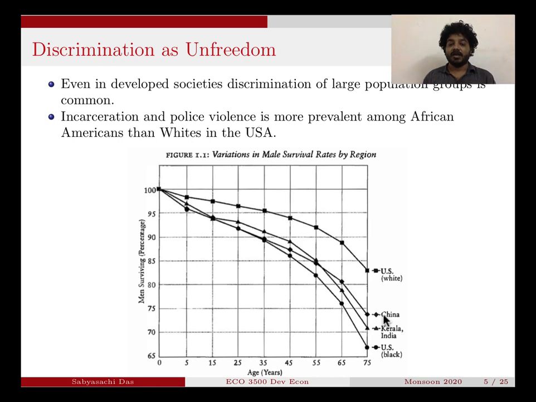And similarly, we can think about caste discrimination in the context of India as a kind of unfreedom. And again, I remind you to keep in mind that we are talking about the kind of unfreedom that is hard to overcome just by becoming rich. Okay.